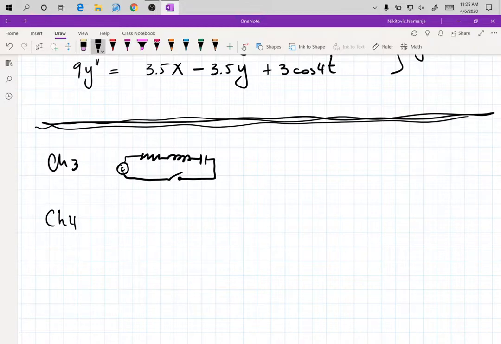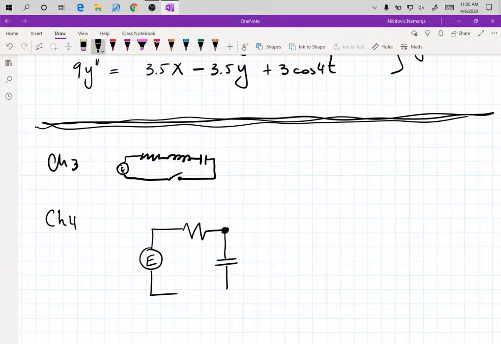So I can have some source for voltage. Then we can have, let's say, a resistor, and here is going to be a node. Then we can have a capacitor here. I can also put a switch. We don't have to put a switch. So when you charge the capacitor, you put this switch on.